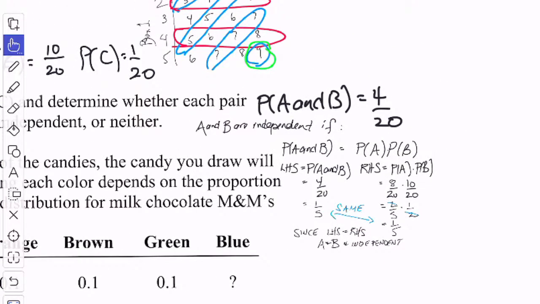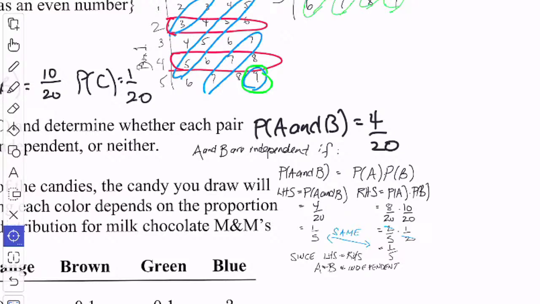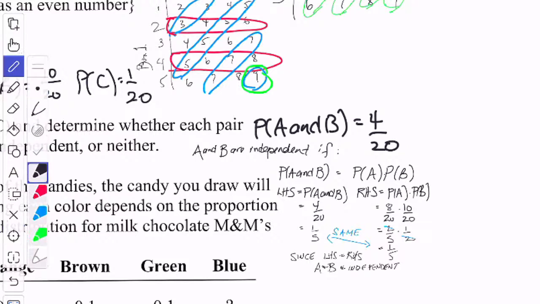Looking at the drawing, remembering B happens half of the time, right? B was the blue. Half of all the possible outcomes are blue. Now let's look at A for an instant. A is the red. Within the red, how often does B occur?